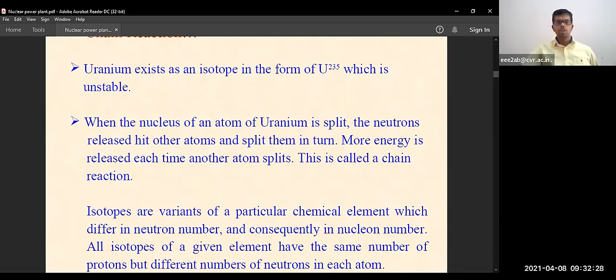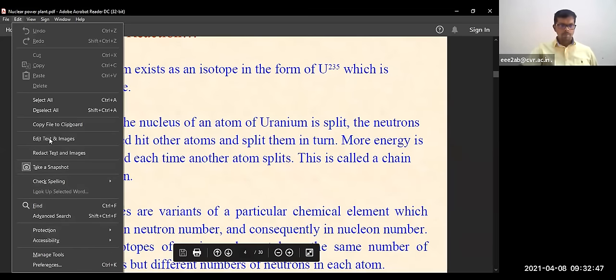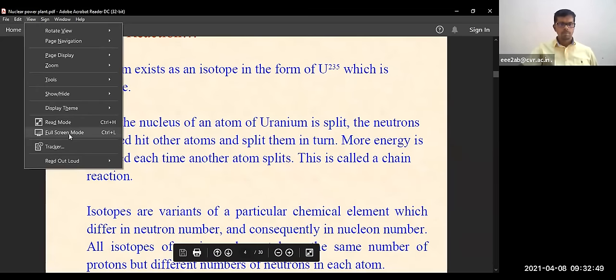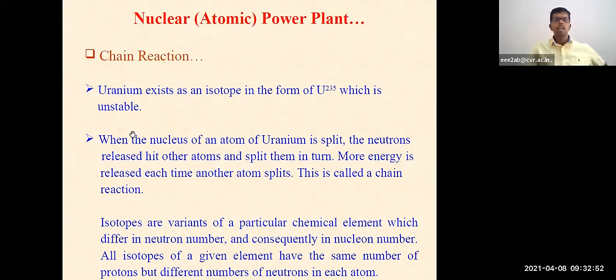Isotopes are the variants of a particular chemical element which differ in neutron number and consequently in nucleon number.